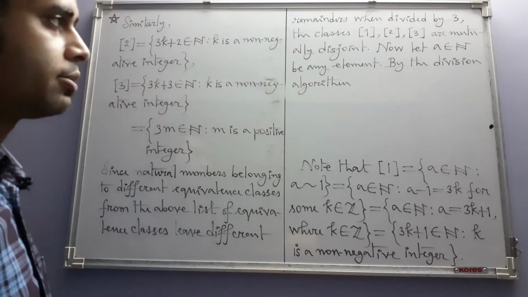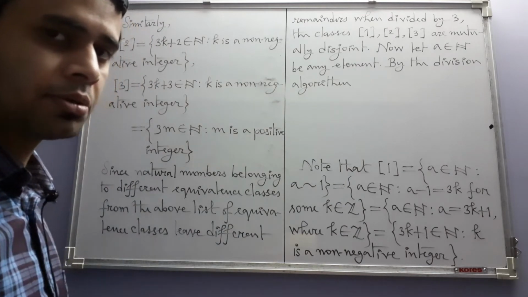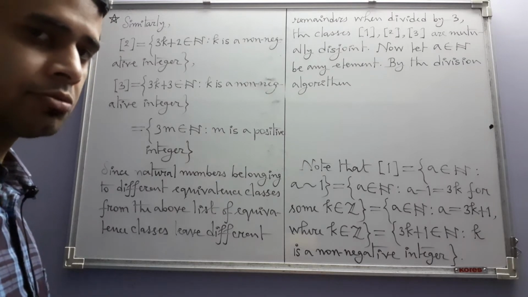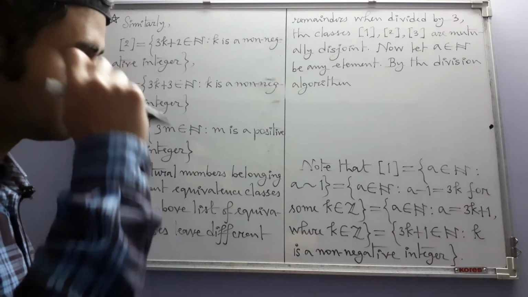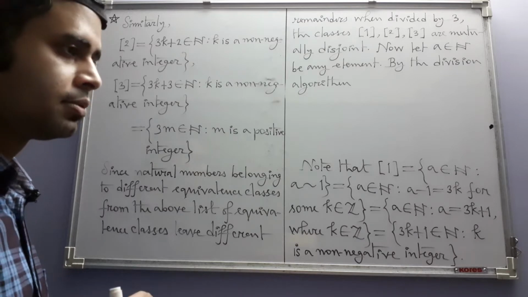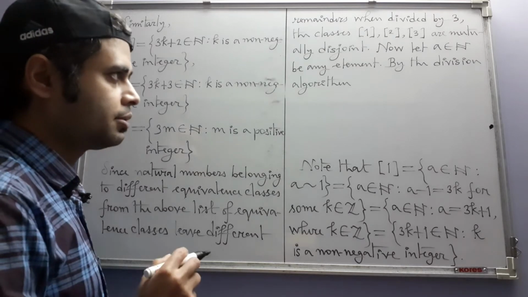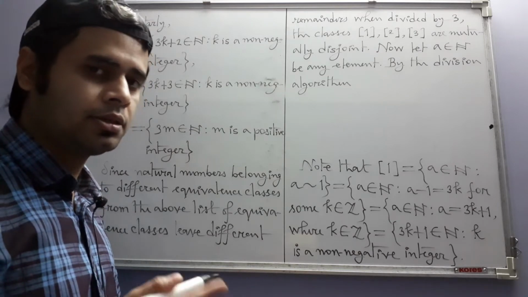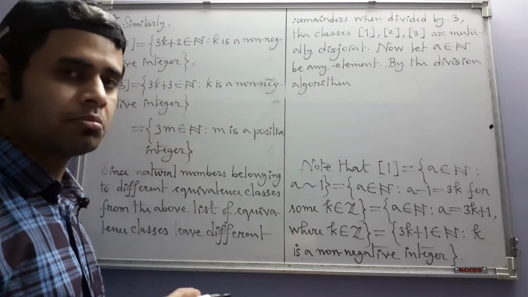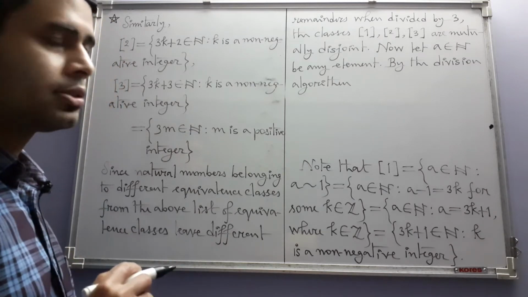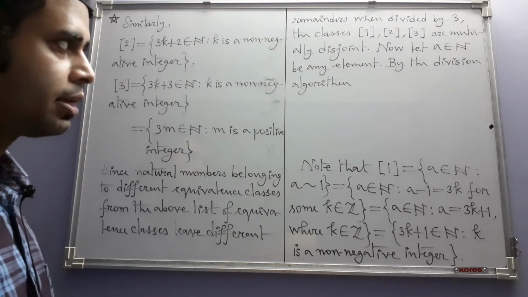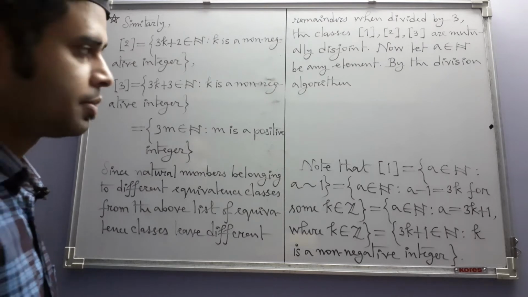or the Euclidean algorithm. Some people call it the division algorithm, some people call it the Euclidean algorithm. It's nothing but the thing we have been taught from the very beginning of our school days, that when you divide an integer by say a positive integer m, then there exists a unique quotient q and a unique remainder r, such that the given integer is qm plus r, where r is a non-negative integer, and it is less than the divisor m.